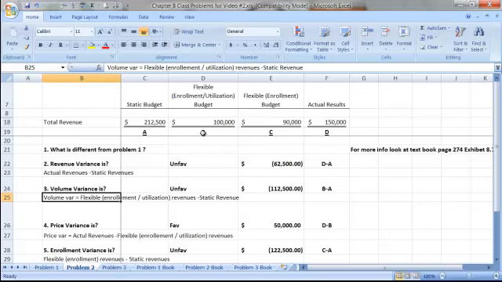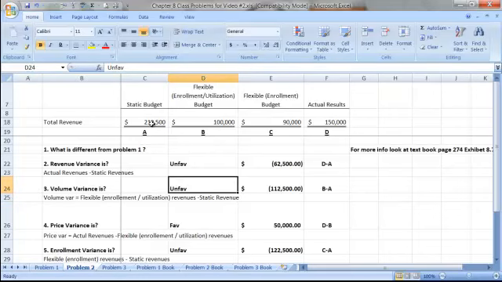So B minus A. First determine if it's favorable or unfavorable. Well, static was 212. The flex enrollment utilization was 100. It's unfavorable. And it's cell B minus A, giving us our unfavorable variance.